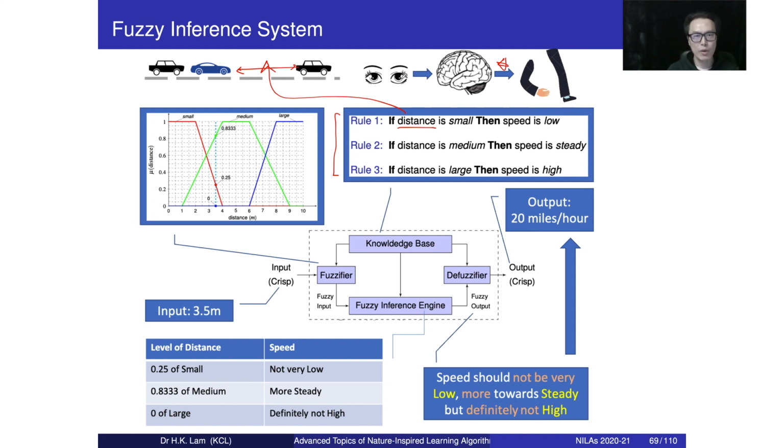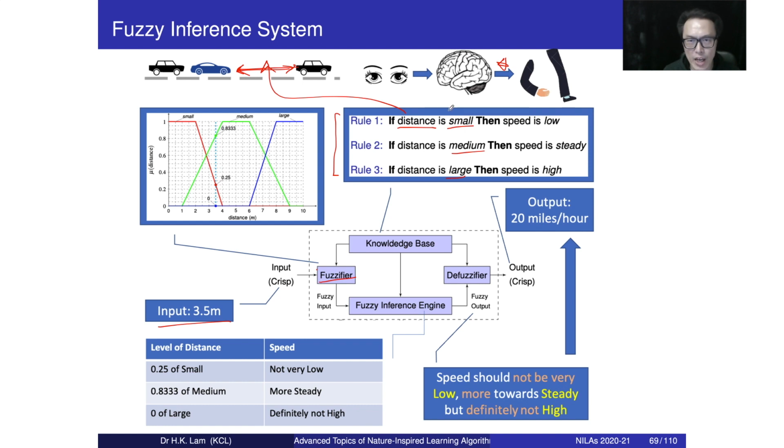With my eyes, I just capture the information, the input or the distance right here, approximately 3.5 meter, and then I enter that into this fuzzifier, because in my mind I will not process any numerical value. I'm going to translate that into something I'm familiar with, that is language: how small, medium, large this distance is.